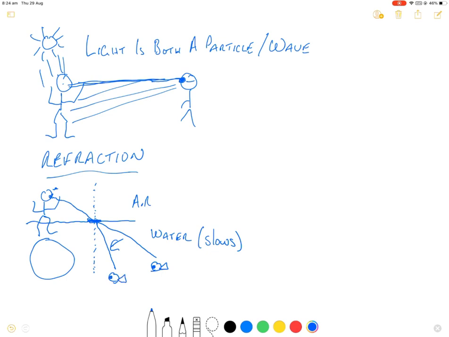So this is where the fish actually is. When you're looking, you think the fish is here, but actually the fish that you're looking at is sitting here. So light is reflecting off that fish, it's going here, and then when it enters the air, at the water-air interface, because air speeds up the light, it now bends away from the normal.